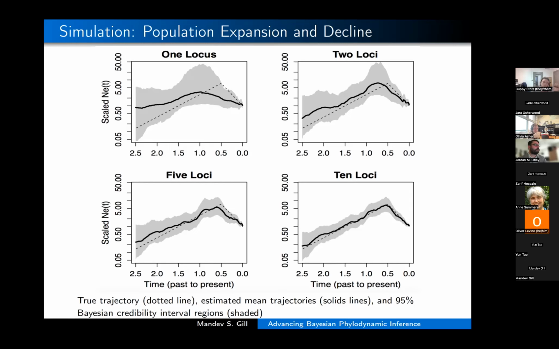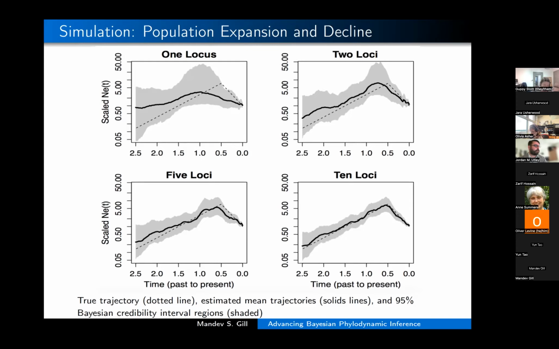And we see that as the number of loci increases, the estimate improves, not only in terms of being less biased and more precise, but also in terms of recovering certain essential aspects of the true trajectory. First, that there's a period of continuous increase followed by a period of continuous decrease.